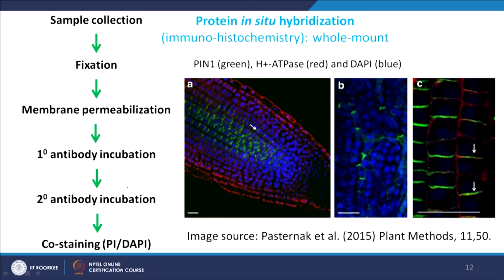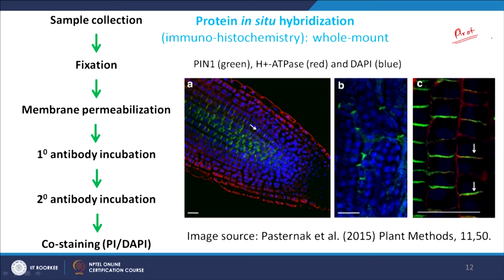This is a typical example of a whole mount. It is quite similar to RNA in situ hybridization, except the detection method is slightly different. Here also you collect the tissue, then do the fixation, then after fixation you do the membrane permeabilization, and then you can add the antibody. There are two possibilities. If you want to detect a protein against which you already have an antibody, then you can use that antibody.